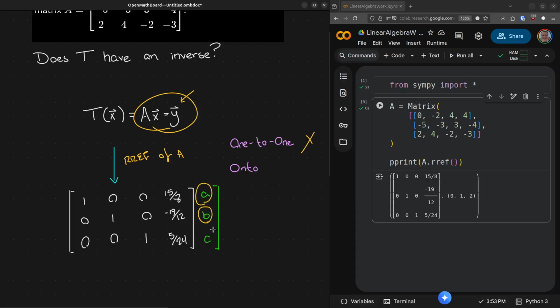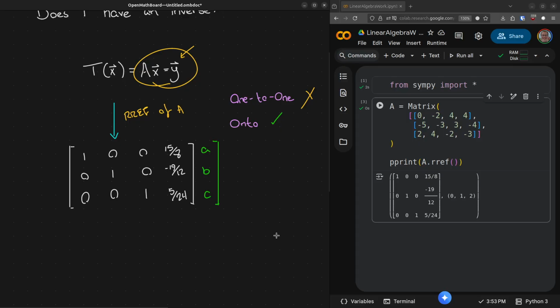I could let a, b, and c be anything, but I will never get a row that looks like 0, 0, 0, 0, and then some non-zero number. That would be no solution. And I don't get that. Okay, every possible y I could plug in here, this will give me a solution. So yes, it will be onto.